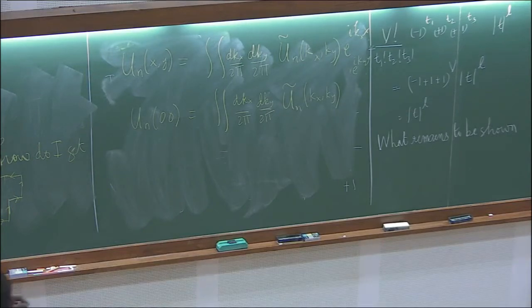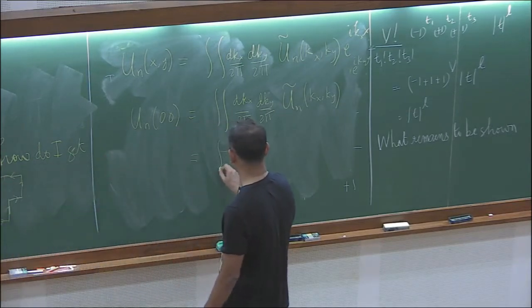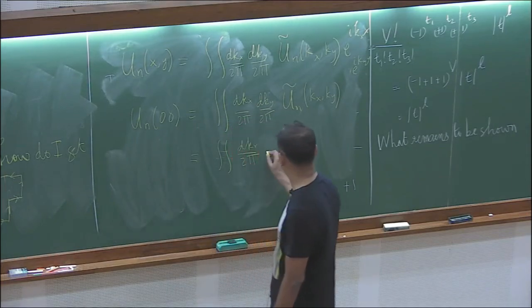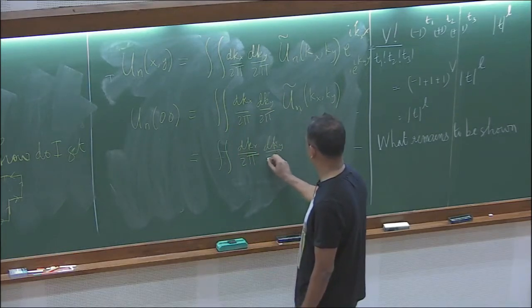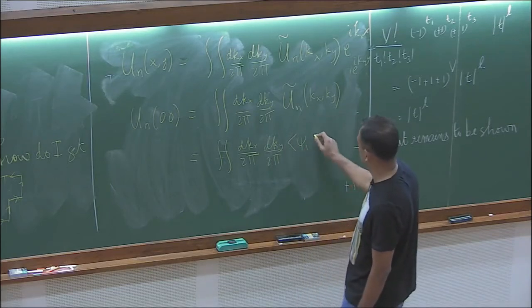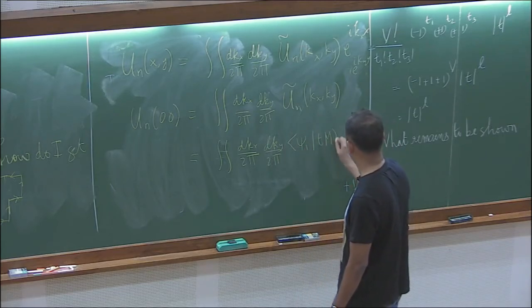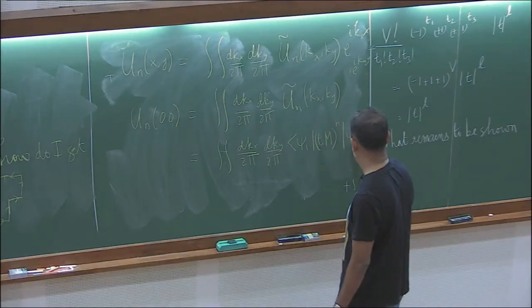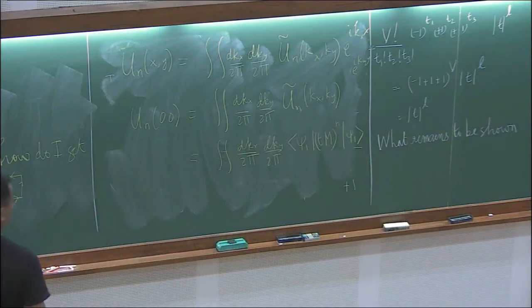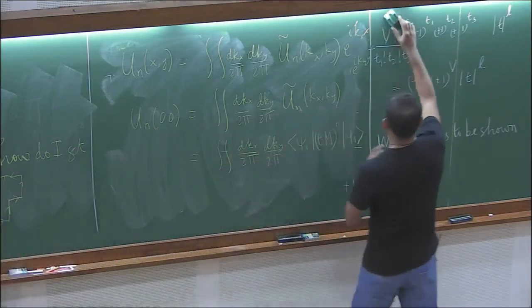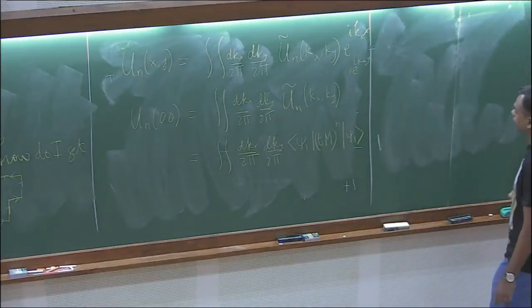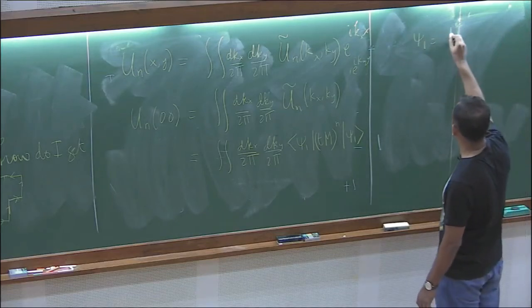So let me write down something, and then I will argue why that is the correct answer. dkx, psi 1 by psi 1. And what is my psi 1? Psi 1 is 1, 0, 0, 0.